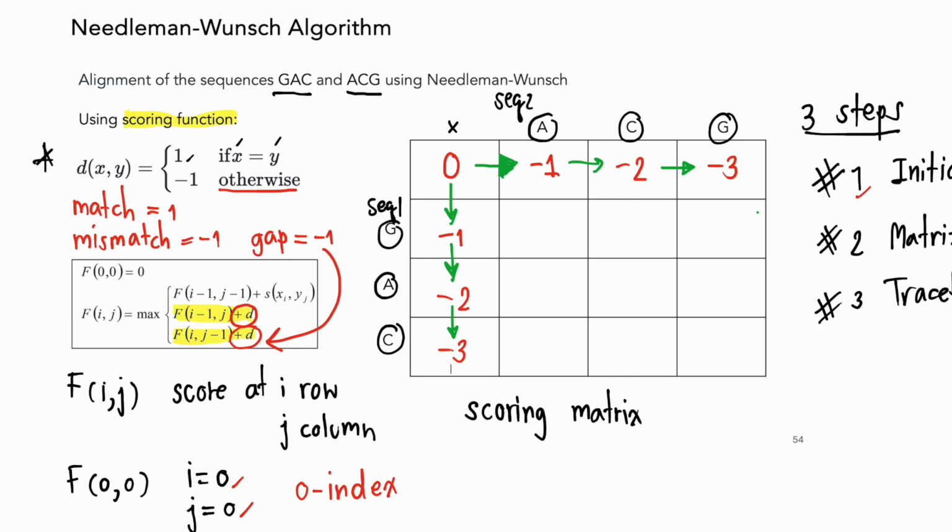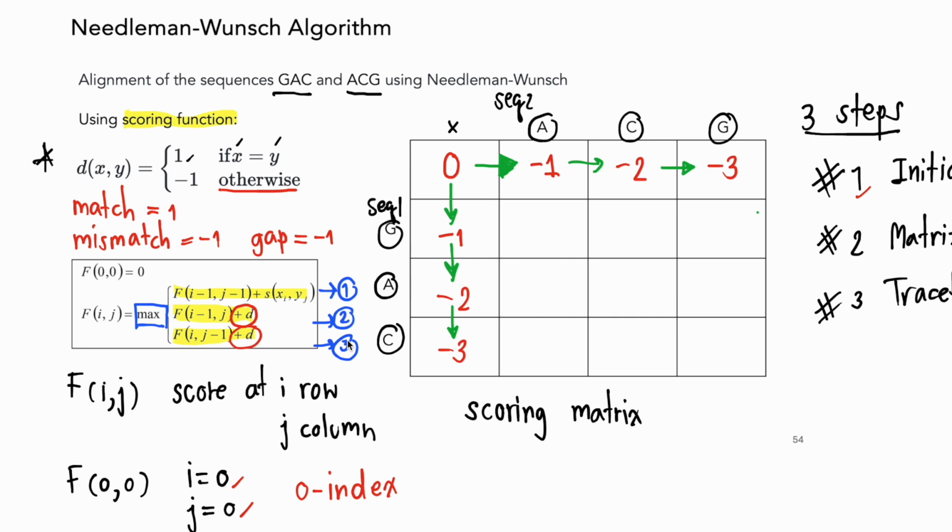To fill the score of the rest, we have to consider the scoring function here. In the scoring function, you see that they have three different values: value 1, value 2, and value 3. We have to choose the maximum of the three values which come from three directions.